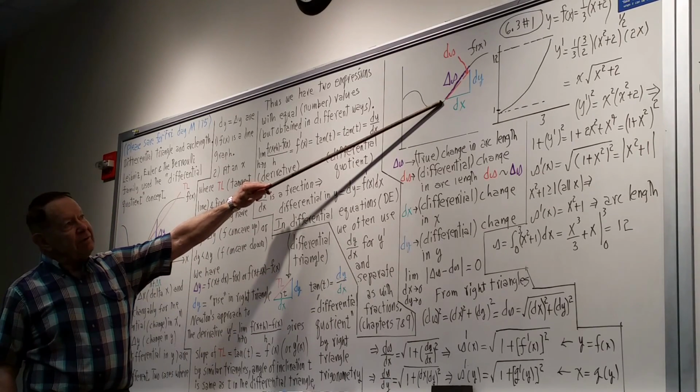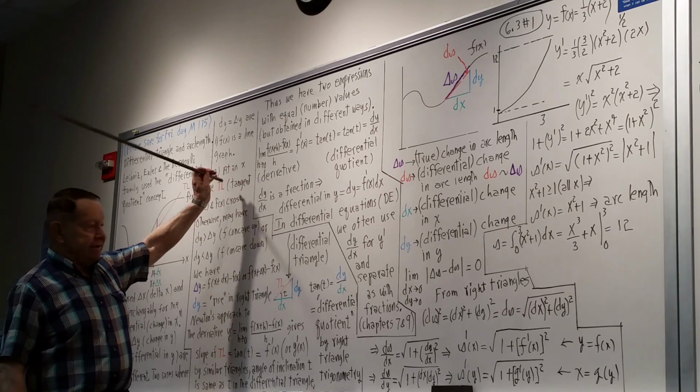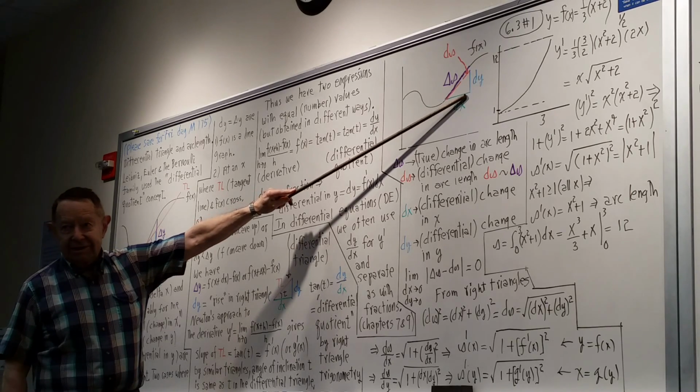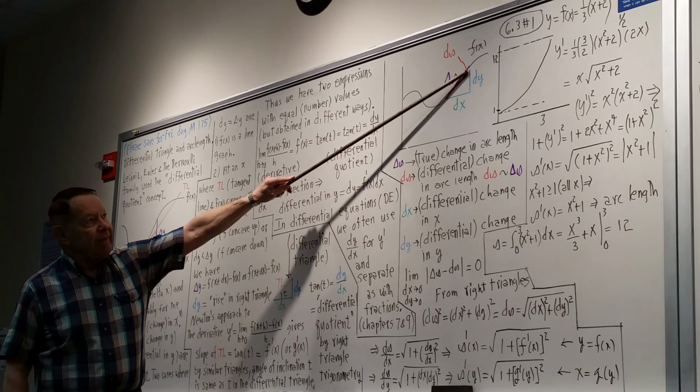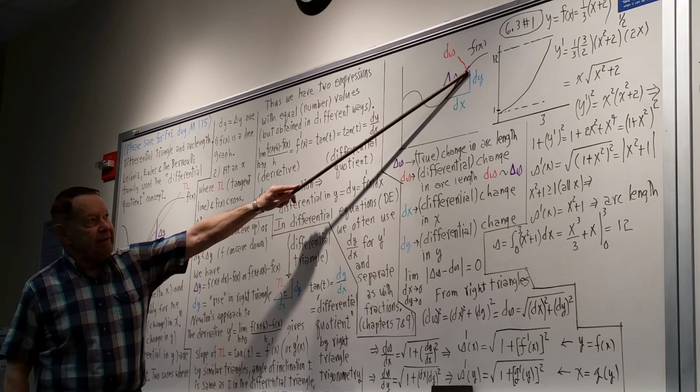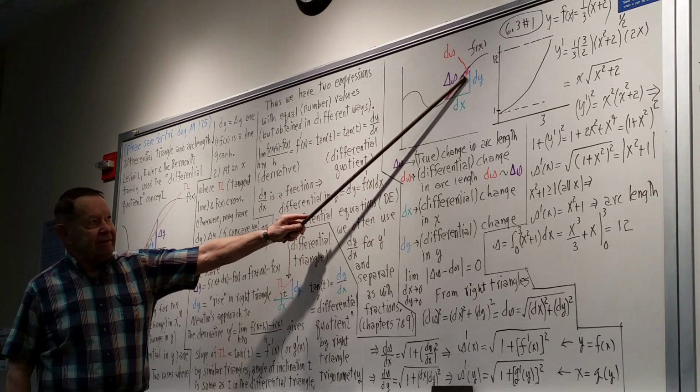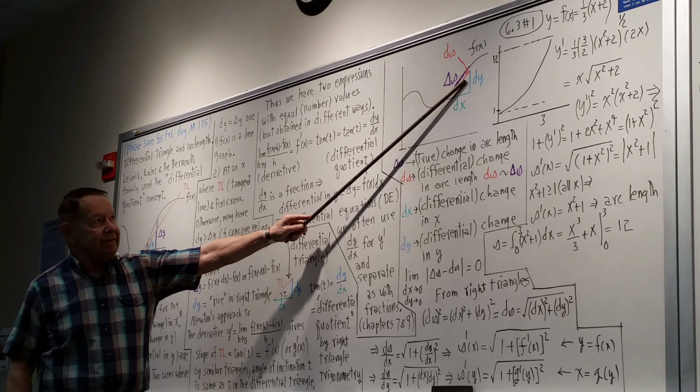Starting here, you could also draw a differential triangle, just like this one, and go dx horizontally, dy up to the tangent line, and then the hypotenuse would be the differential in arc length.